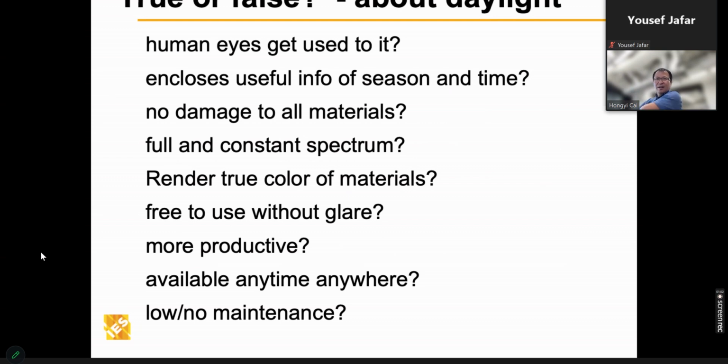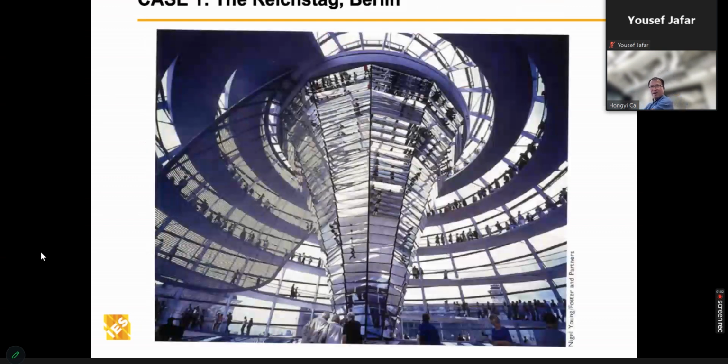Okay, and then we will briefly talk about the case studies. Of course, I don't have the entire materials for you, so this is just an introduction to how many different daylighting projects we have. This one is called the Ranch Stack in Berlin. I did not visit this space purposely, but this space has been so famous over time. And there's just a lot of glass.